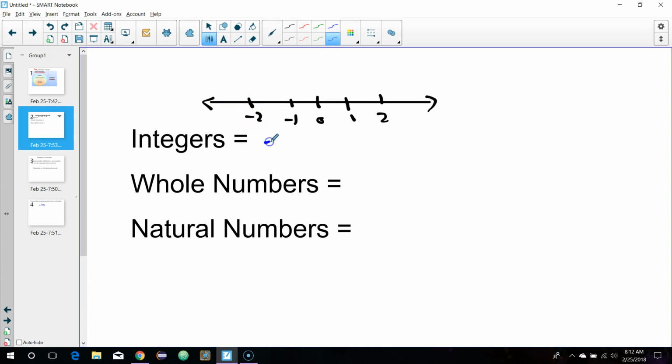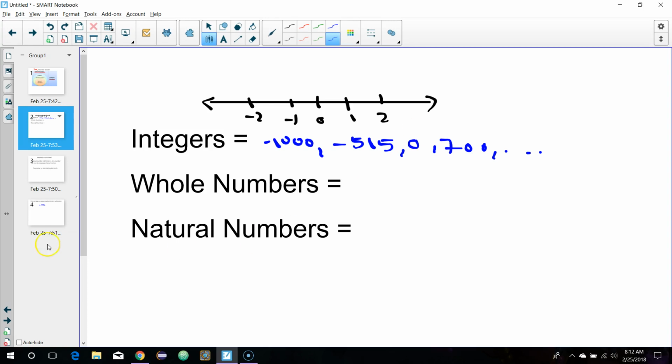So integers can be negative 1,000 over here, could be negative 515, could be 0, it could be 700, and so on. You can see the picture. They're just nice numbers on each of those dots. Not too much to say about it. It covers the negative side.